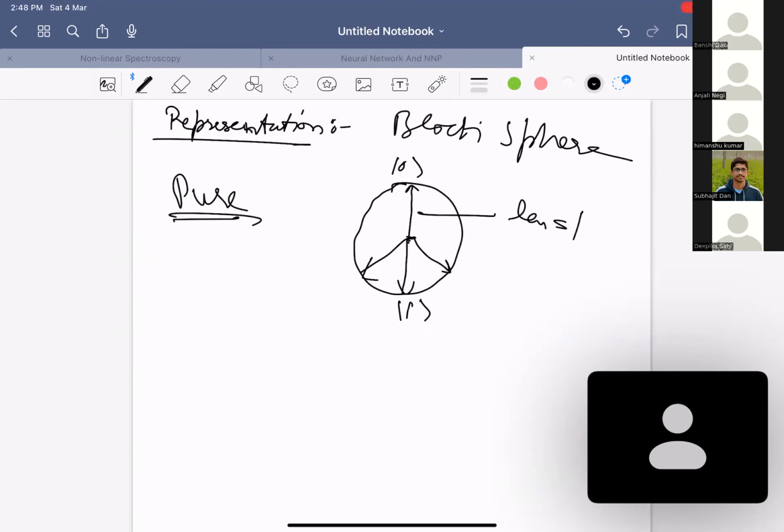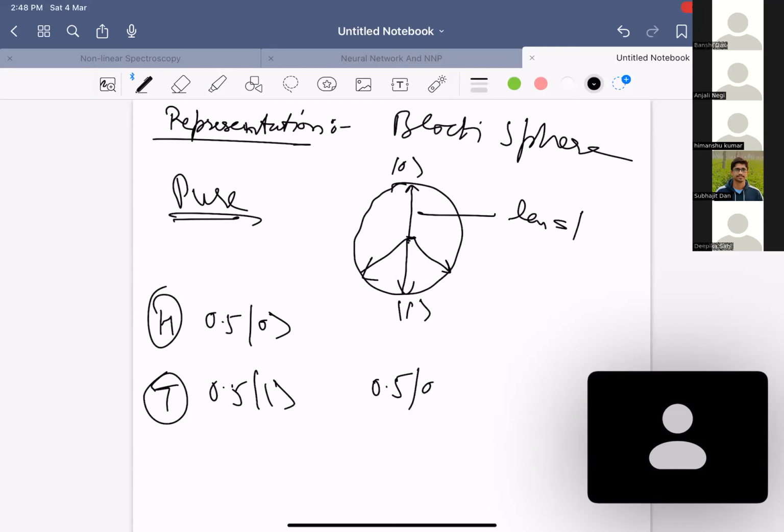Take the example of our coin toss, where getting a head is 0.5, or say 50%, of 0, and 0.5 of say 1. Then it will simply be the probability of finding it in the 0 state, so 0 state means head, and the probability of finding it in the 1 state.